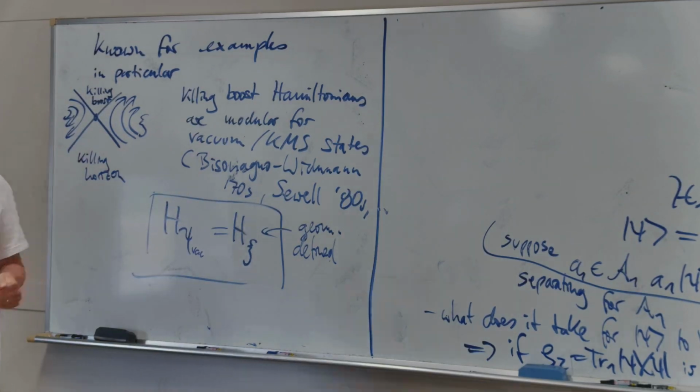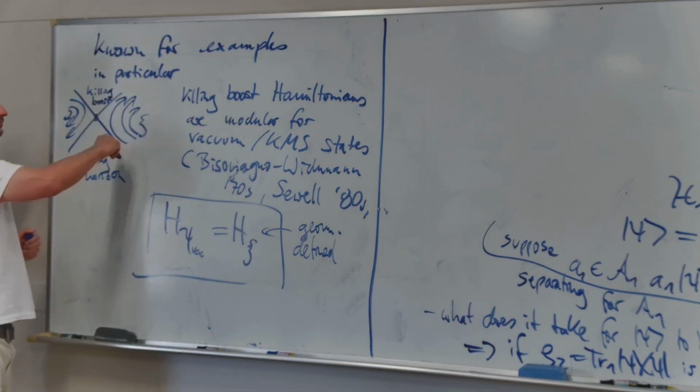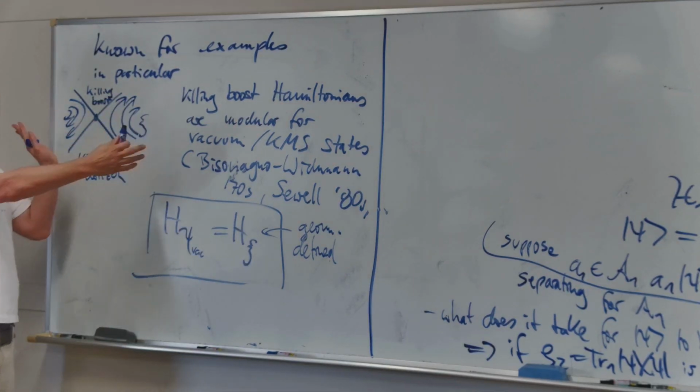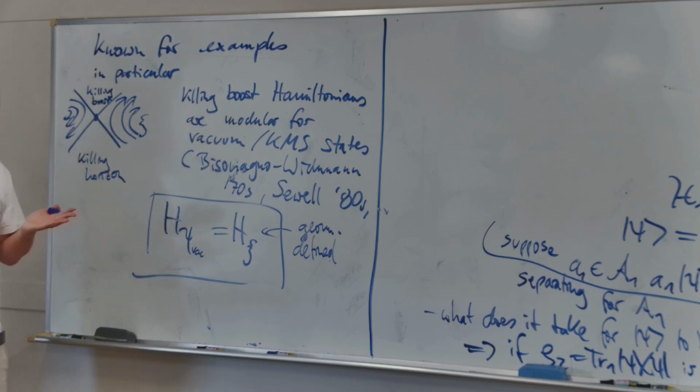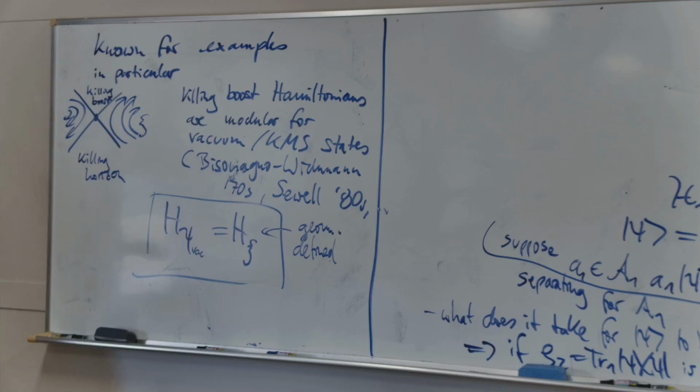The Killing flow lines remain in the region U; they don't take you out of it. So if you look at operators smeared in the region, they are consistent with that time evolution. Initial operators that live in AU should never leave AU under any time evolution, so it must be an automorphism.